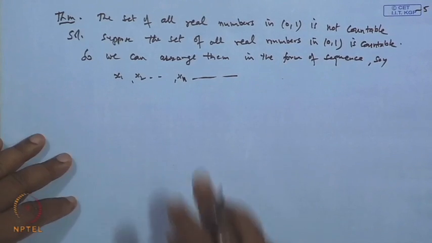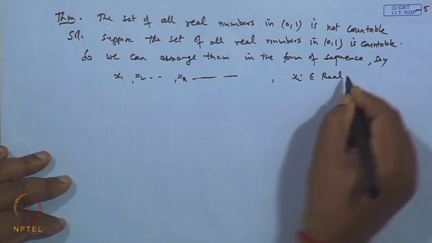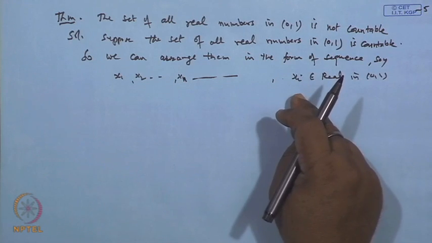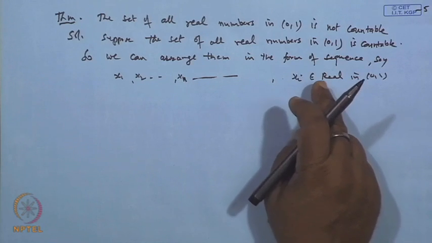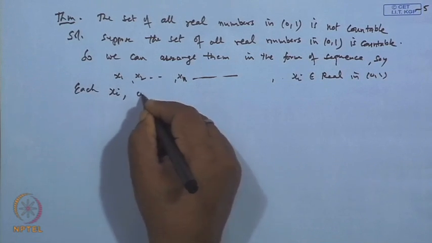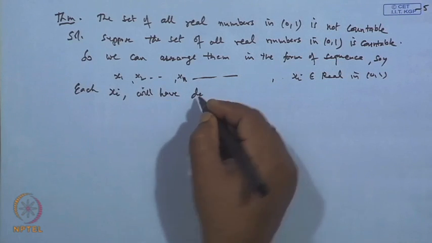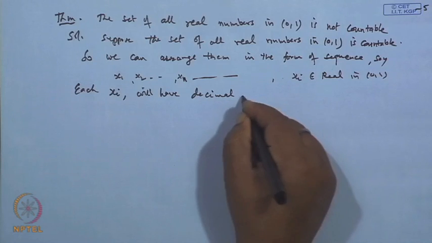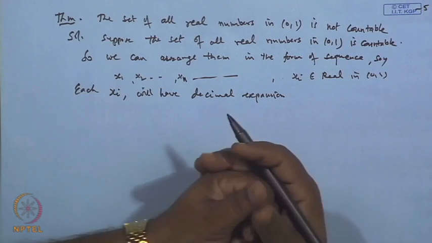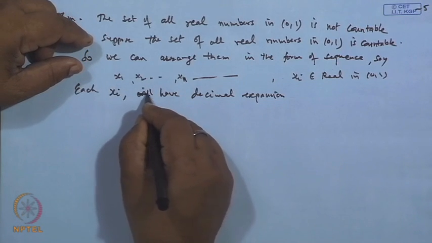Okay. Now, each x i is a real number in the interval 0 1. So, we can write down the decimal expansion of x. Each x i can be expressed in a decimal expansion.